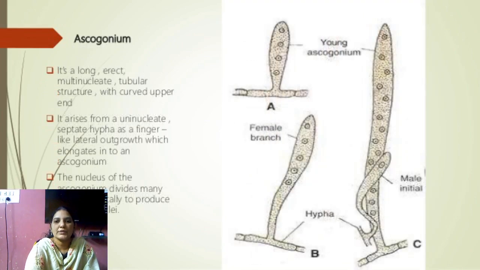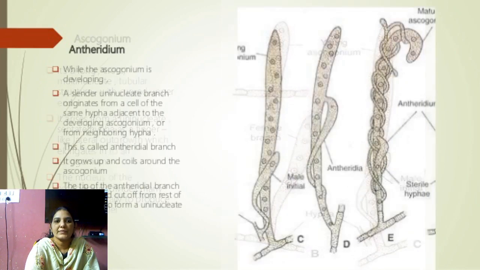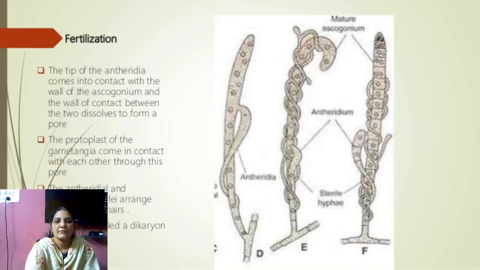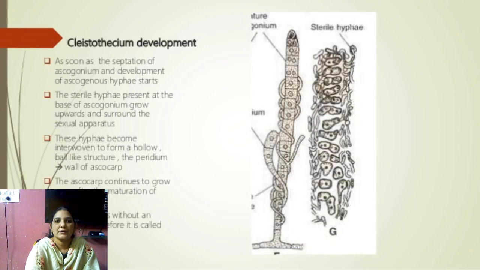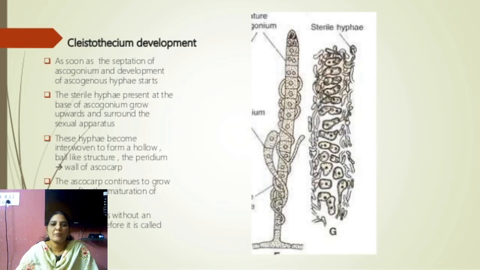This is the young ascogonium and antheridium, this is the antheridium, fertilization, and development of the cleistothecium.